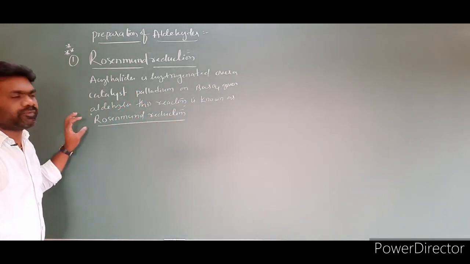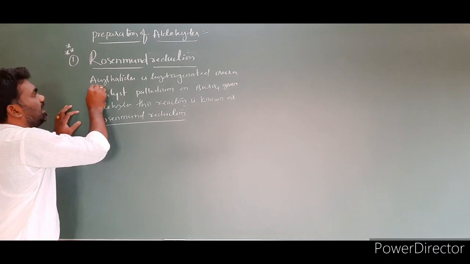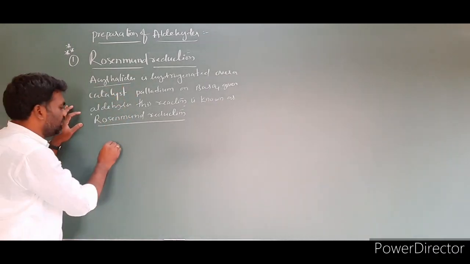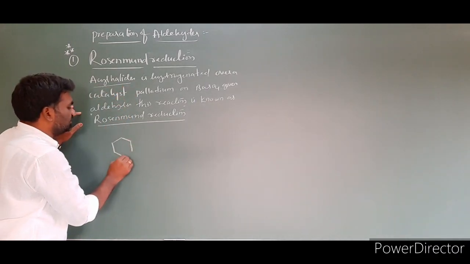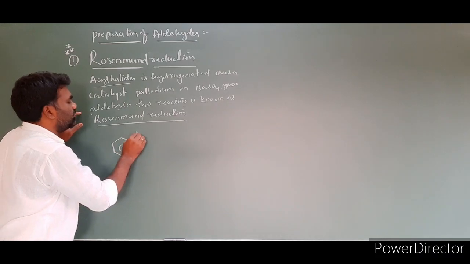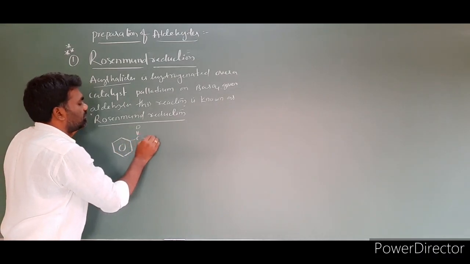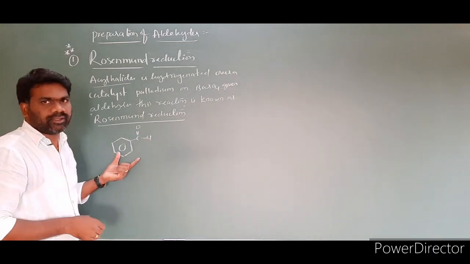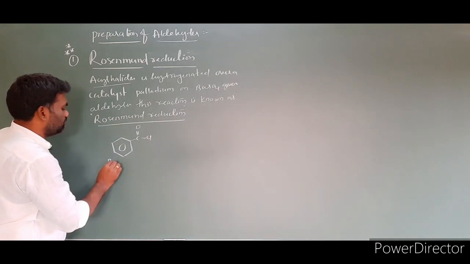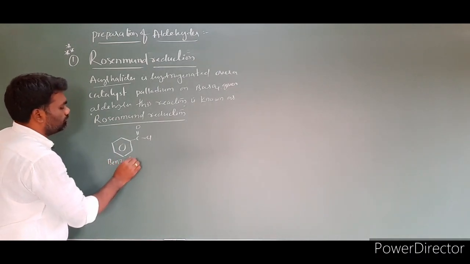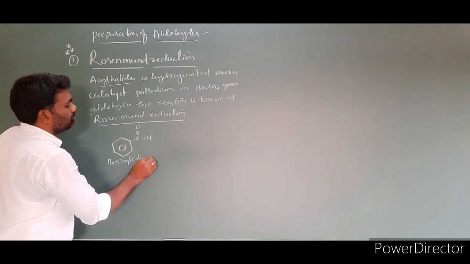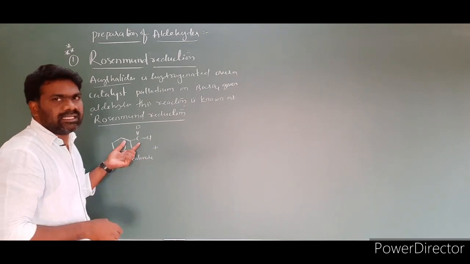What is the equation for this case? First we have to take acyl halide. I am taking a benzene ring, and upon the benzene ring we take a C double bond O Cl. This is benzoyl chloride. I took benzoyl chloride, which is nothing but an acyl halide.